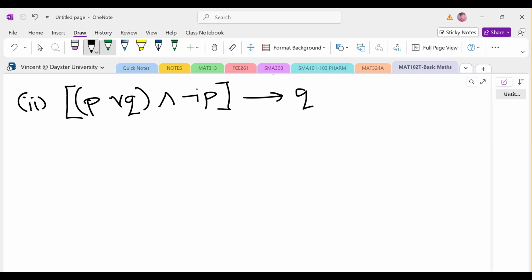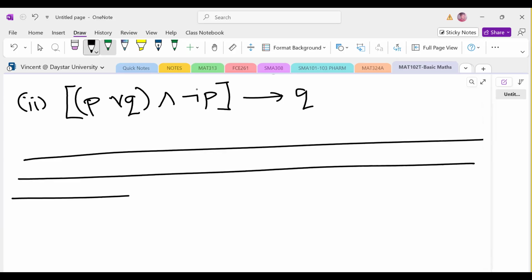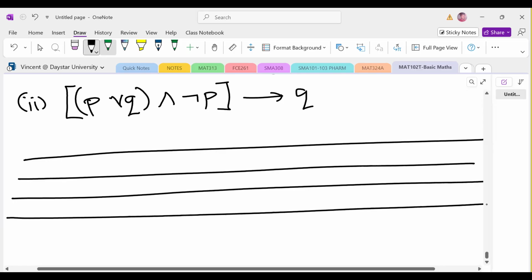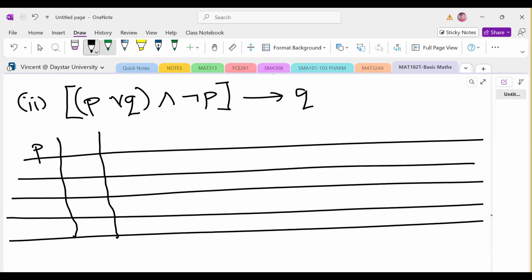So the first step, how many rows? 4, correct. So draw your 4 rows: 1, 2, 3, and then 4. The first column obviously is P. Second column? Q. Third column?